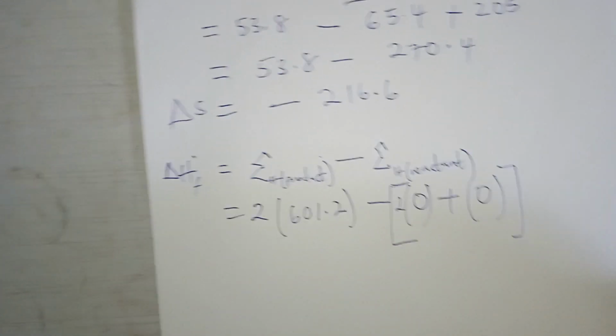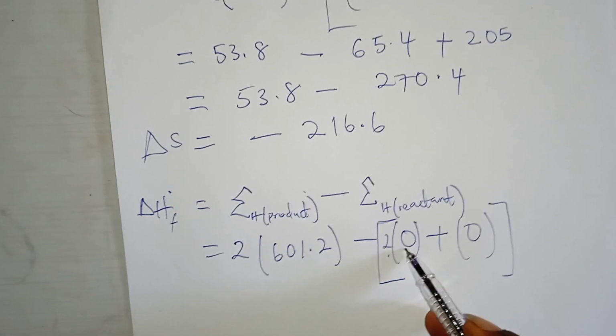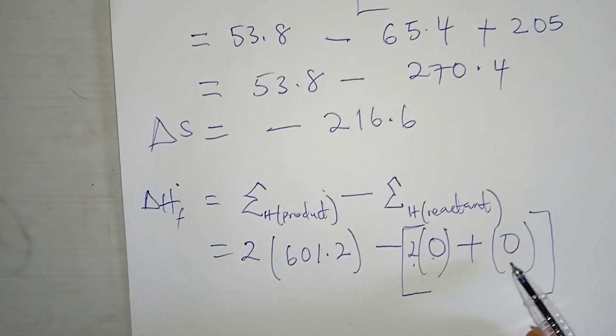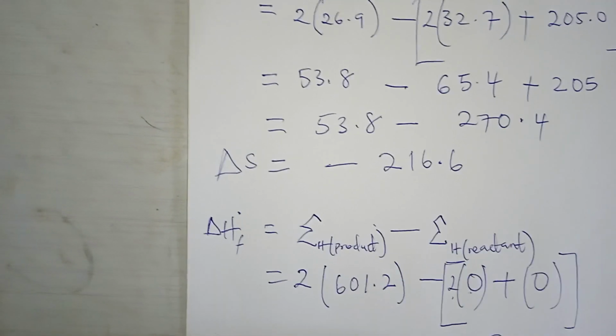So this is what we have. 2 magnesium, and magnesium is a pure element. Enthalpy of a pure element is 0. Then oxygen has just one stoichiometric coefficient, 0. So when you add it up, everything here is still 0 minus.